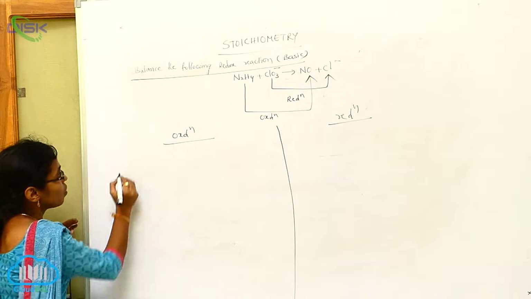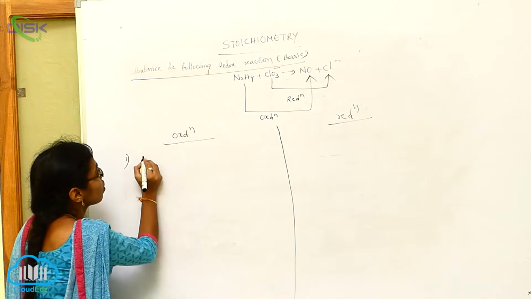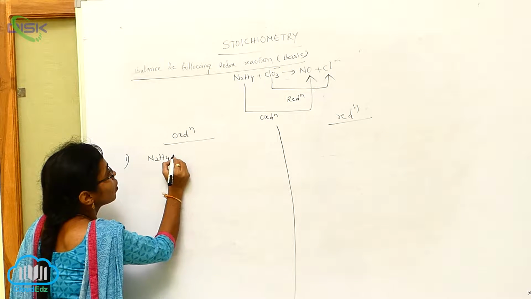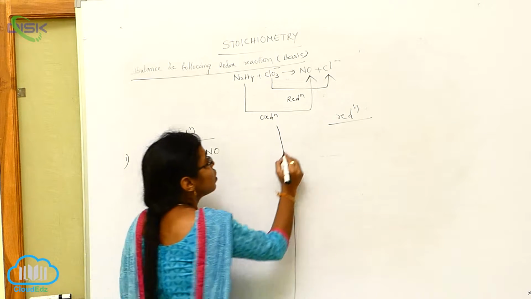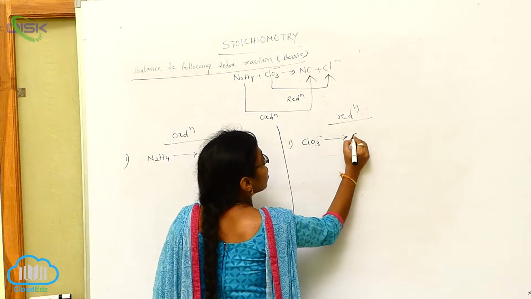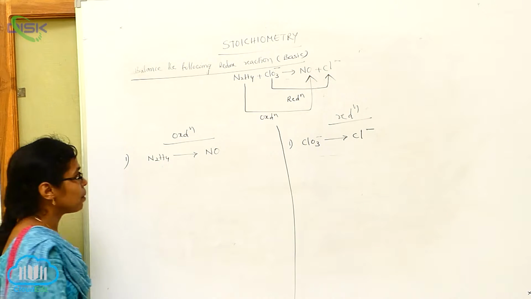Okay, so step 1, separation of the reactions. N2H4 gives rise to NO. Next, ClO3 minus gives rise to Cl minus. Okay, step 1 is completed.